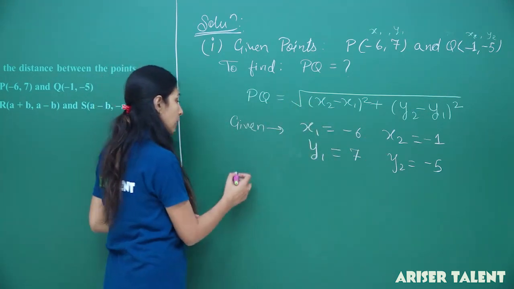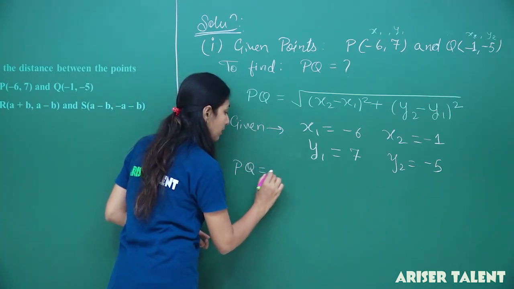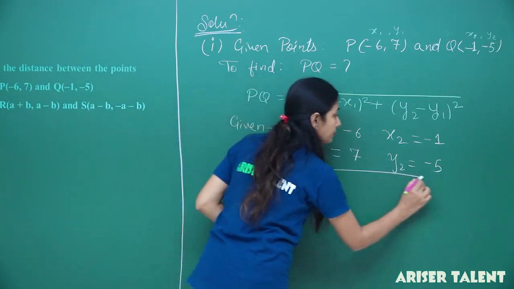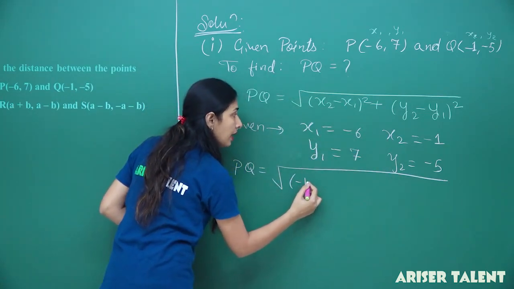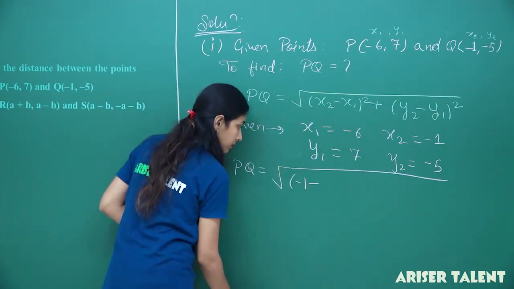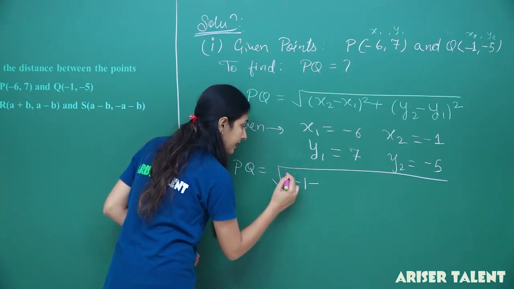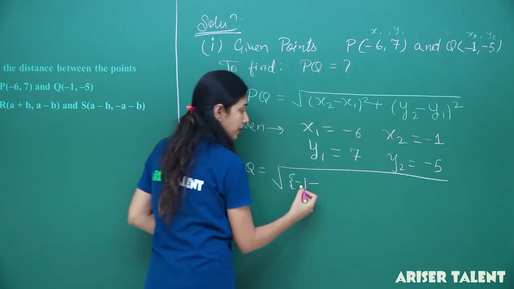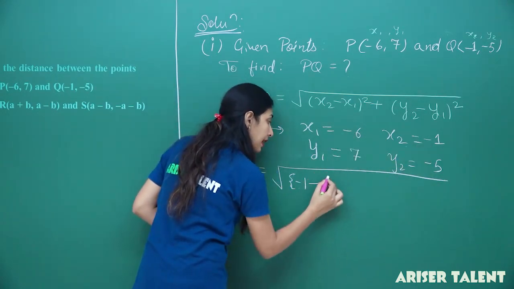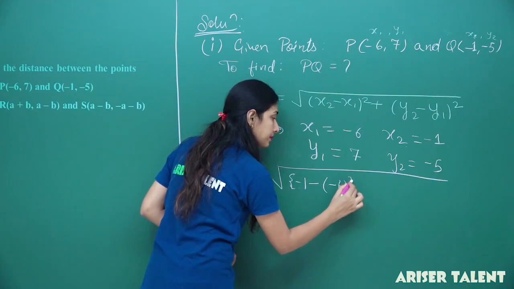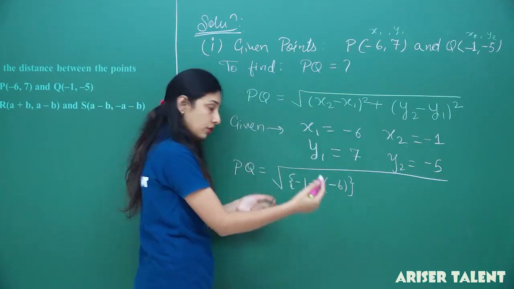That's it. Okay. So, PQ will be equal to the root of (x2, that is, -1, minus x1, that is, -6) whole square, use the bracket, right.